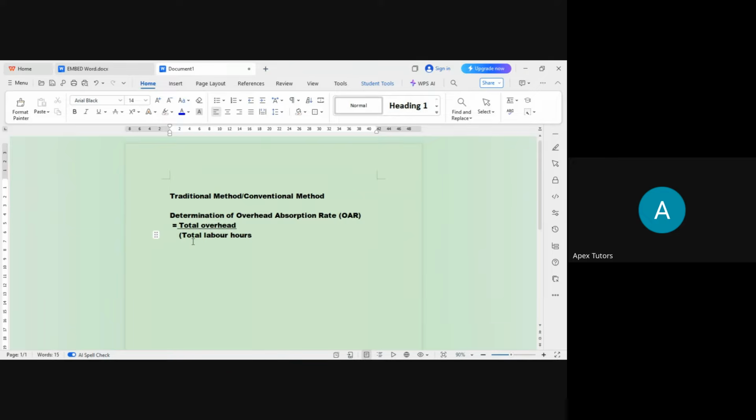It can be budgeted level of activity. But this budgeted level of activity can now be total labor hours or machine hours.